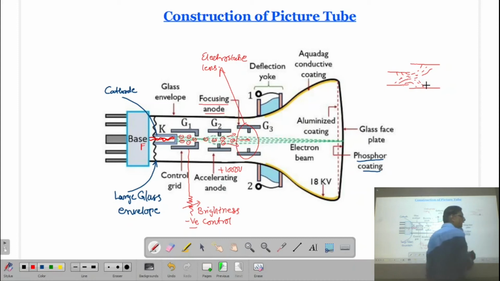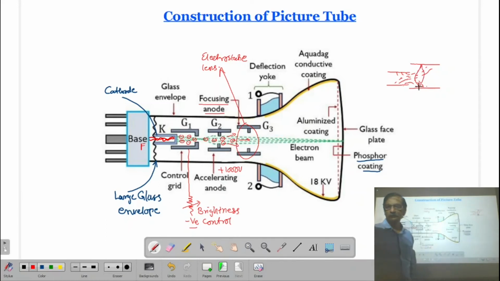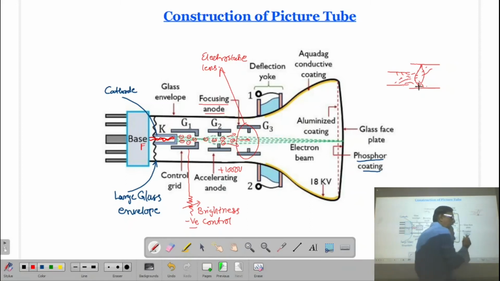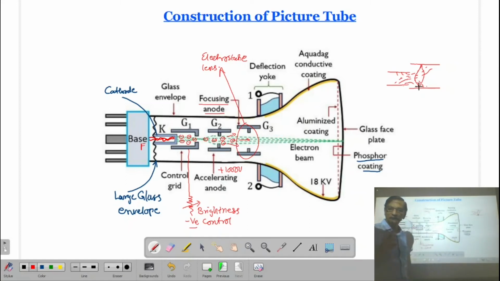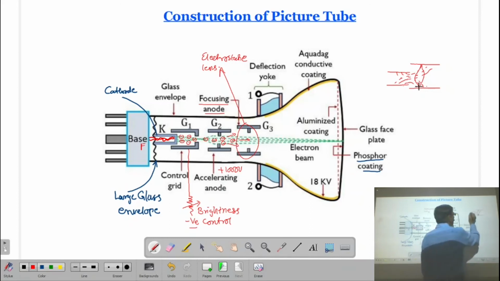Now inside this electric field, we have equipotential surfaces. If you find the equipotential surfaces, they will look like this, and they will form a kind of lens. So when an electron is moving in this direction, due to this equipotential surface, it will be deflected in this direction.